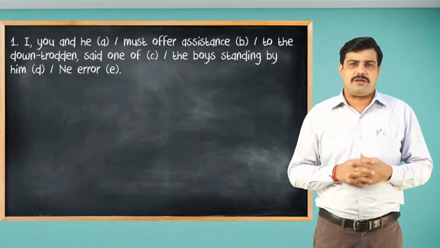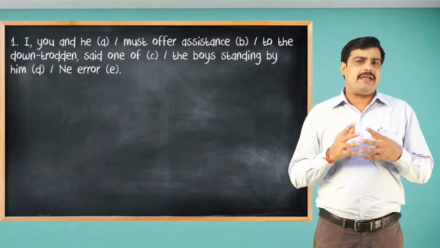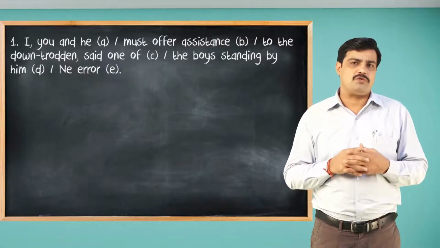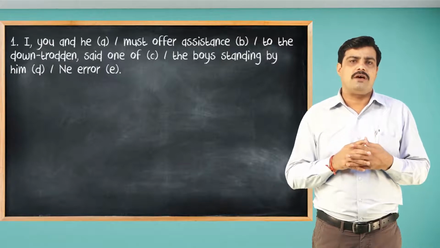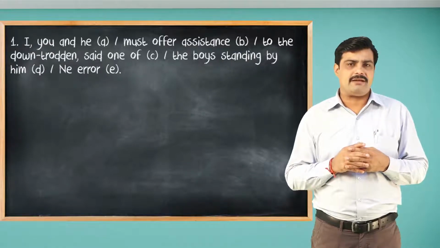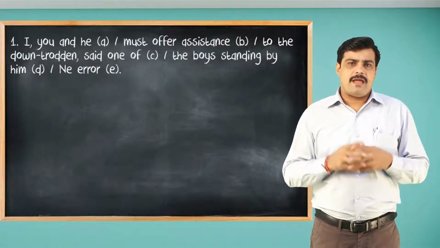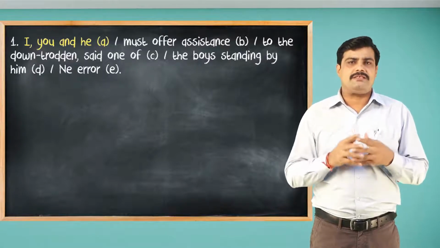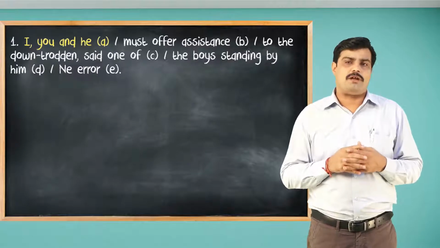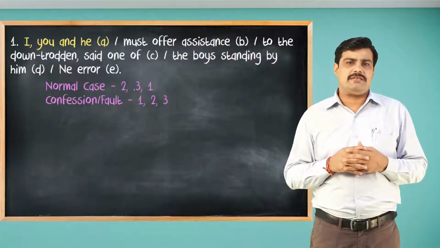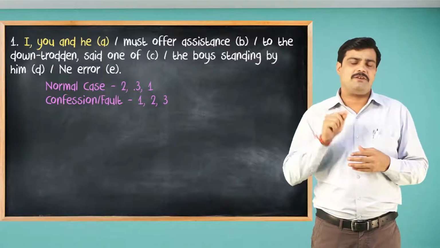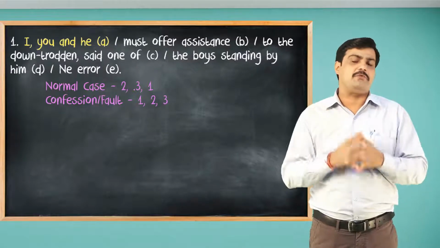Let's take the first one. I, you and he must offer assistance to the downtrodden, said one of the boys standing by him. Here is an error in part A, as there is an error in the order of the pronoun. In the normal case, it is 2, 3, 1, meaning second person, third person and first person. This is the sequence.